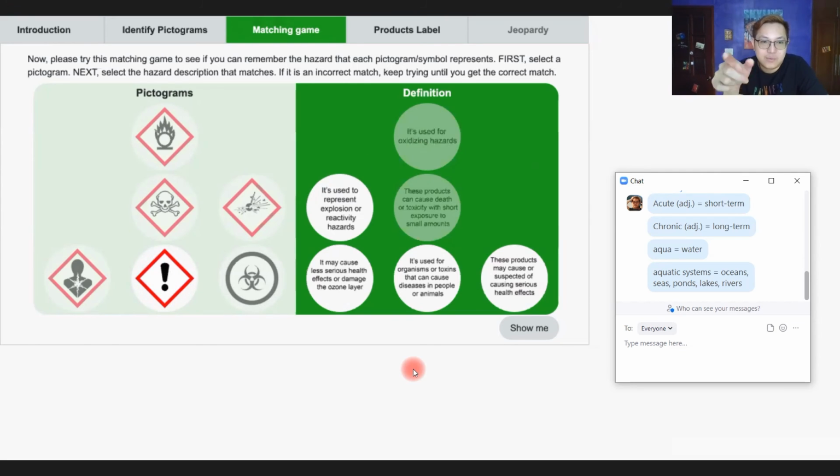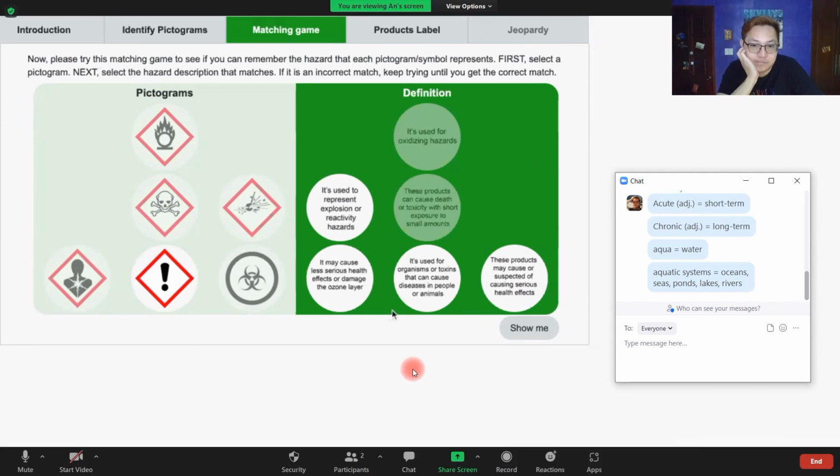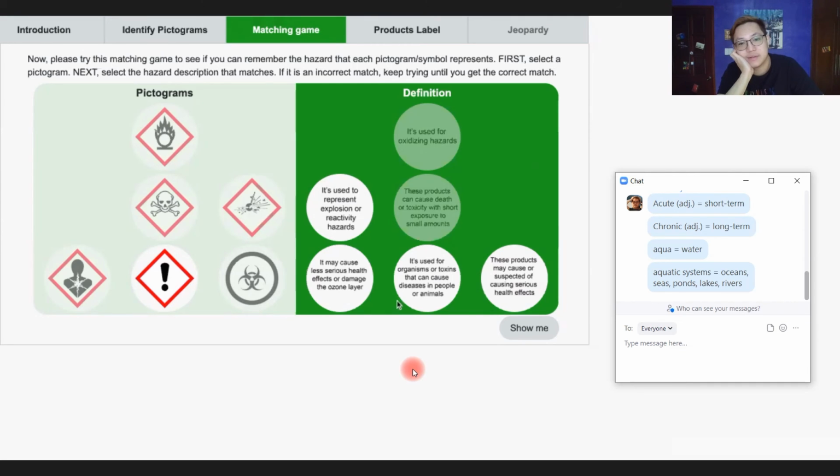No, oxidizing hazard is the one on top, around, yeah, like a fire with a circle. That one is biohazard, isn't it?